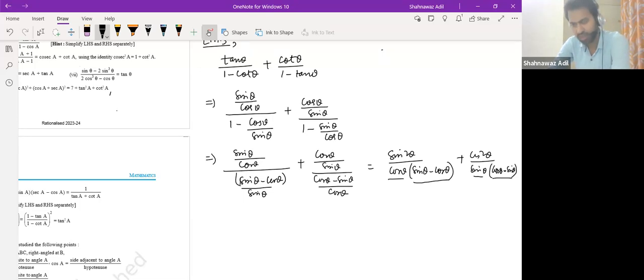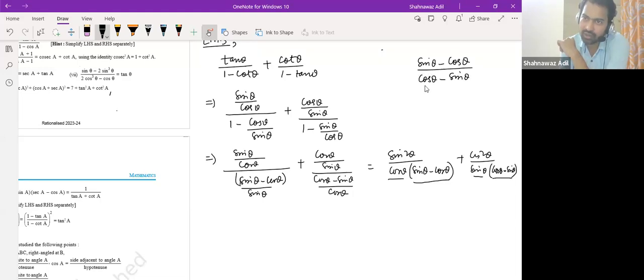Yes, Ashit, Shama, and Ramak. You guys also can tell what we can do about these two things. So let me write it here. We have sine theta minus cos theta, and we have cos theta minus sine theta.